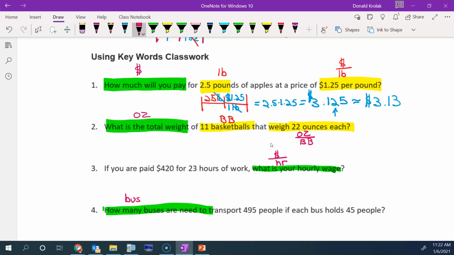All right. So 11 BBs, 22 OZ, 1 BB, and the BBs cancel. And all I'm left with is the label that I wanted.